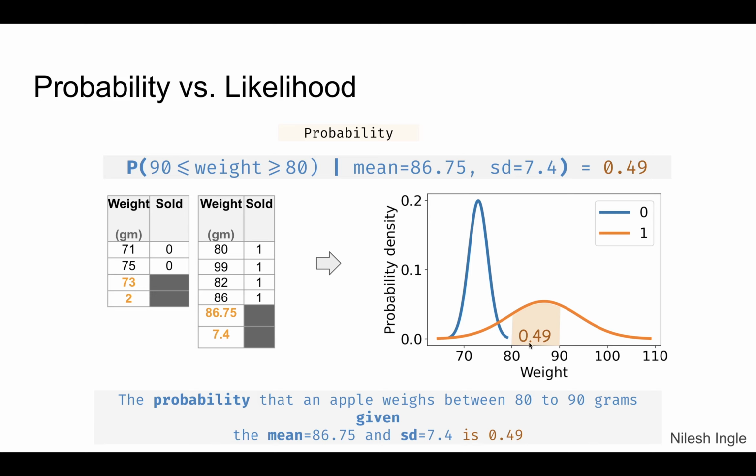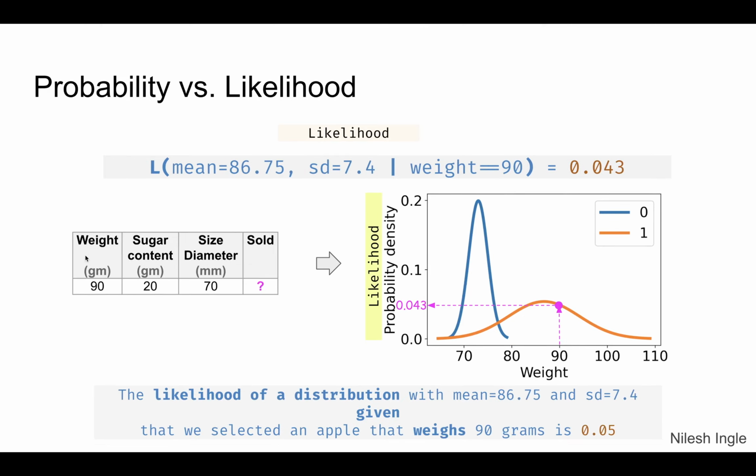To get that value of probability, we need to get the area under the curve for that region. So the probability that the weight of an apple lies between 80 to 90 grams, given the mean of the distribution is 86.75 and its standard deviation is 7.4, is 0.49.